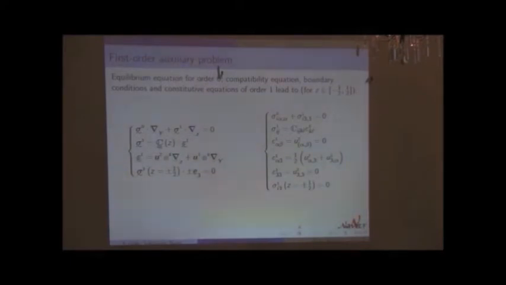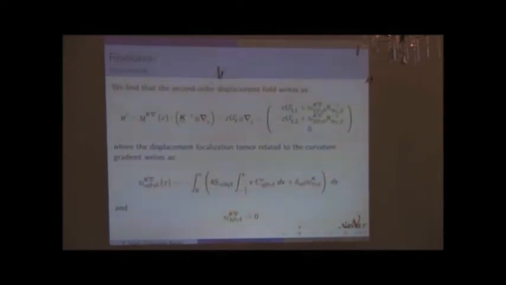Okay, and here we had the gradient of the curvature, okay, in this one. If you go one order higher, you have the second gradient of the curvature, okay? And it turns out that the macroscopic plate problem you will have to solve involves the sixth derivative of the leading order displacement field.